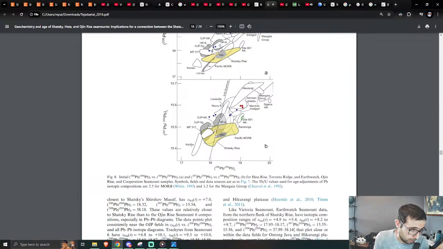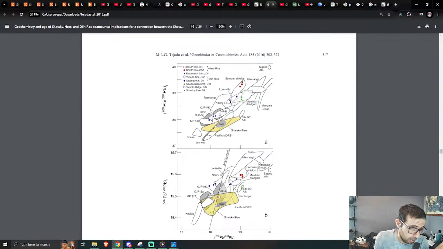Shatsky Rise, Ontong Java, Shatsky Rise, Ontong Java, Hikurangi Plateau B, I assume, or the basin of the Hikurangi Plateau, I guess.